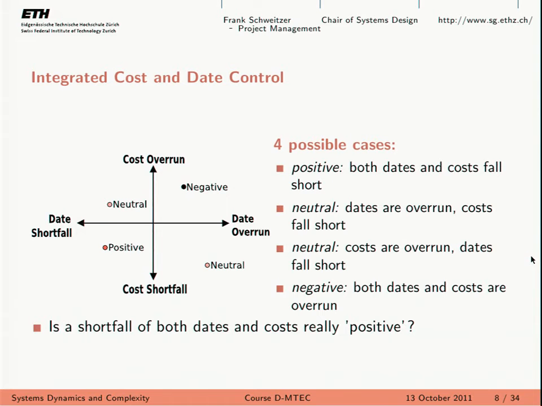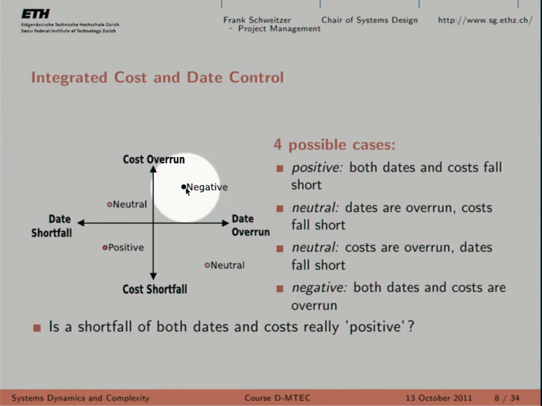This basically defines what success means to you, what a successful milestone means for you, and of course, you put each milestone in this space, right? For example, here we have a milestone which took more time to complete and cost more to complete. So you can clearly say, well, that's a negative thing.